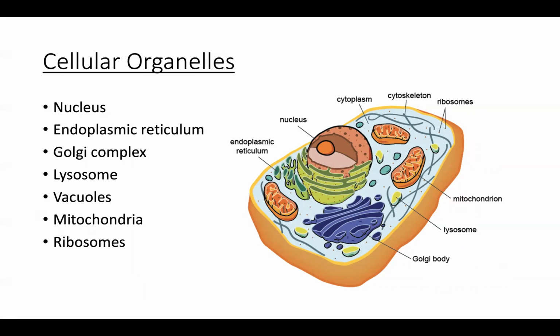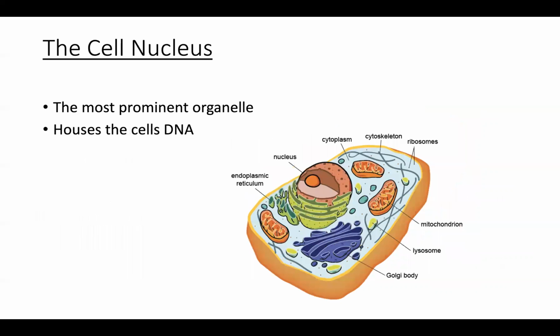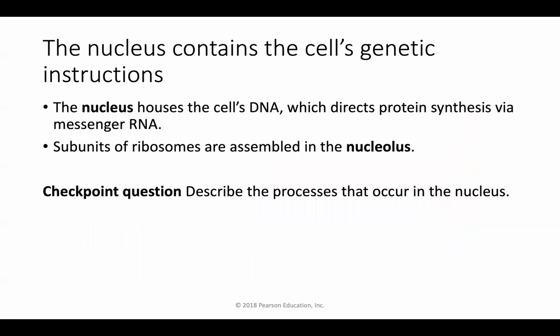You should be familiar with what these structures look like and what their functions are. Okay, we know that the cell nucleus is typically, if you're looking at an image, the most prominent organelle that you see right away on pretty much any illustration or picture, and it's responsible for housing the DNA. Okay.